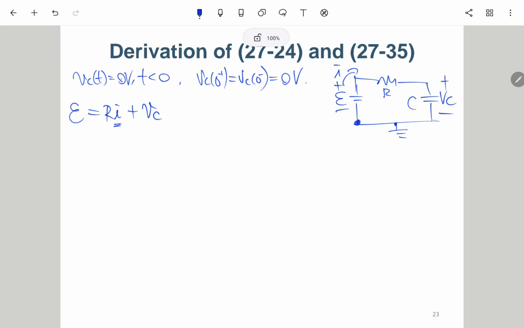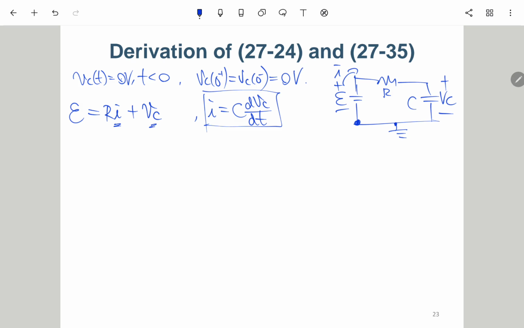But here we have two different functions. What other equation do we have? The answer is I equals C dVc/dt, as I mentioned before. So we need to make use of this one.